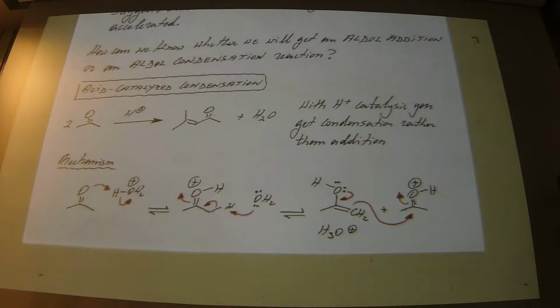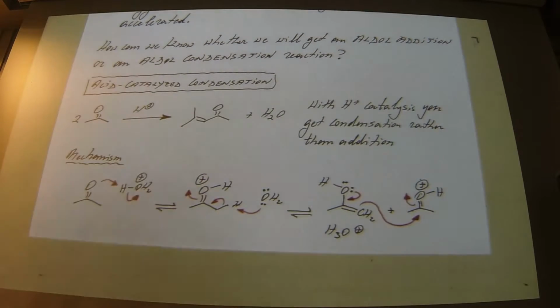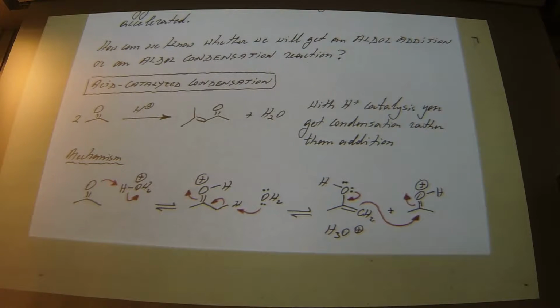Now, implicit in all of this discussion is something that I haven't spelled out, but let's do it right now. Let's just say that I start out with acetone, right? And I very quickly somehow convert it entirely into acetone enol or enolate. Am I going to get an alkyl process? It's all enol or all enolate.